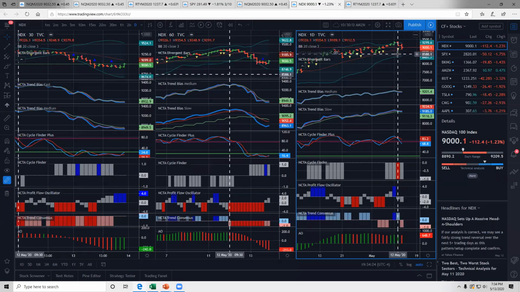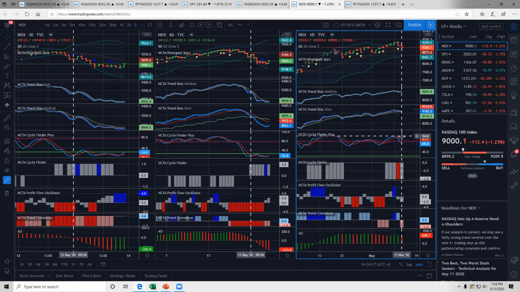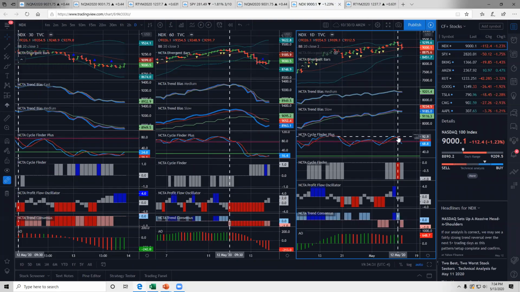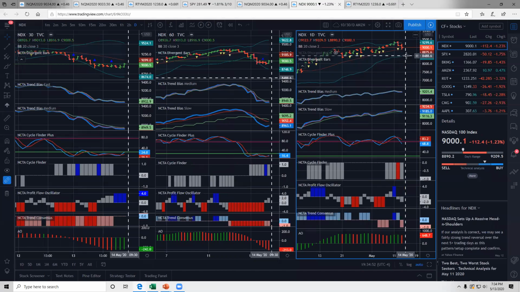So yesterday was a divergent bar, but we didn't have a cross on Cycle Finder Plus to the downside on NDX yesterday. It crossed midday, but it wasn't one of our daily crosses because we're only looking for those at the open of the market. So today we were prepared at open because it looked like it was going to be a cross today, and it was right on the heels of a divergent bar.